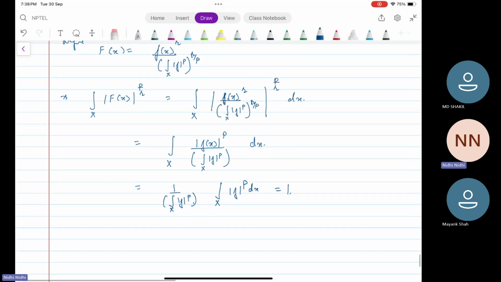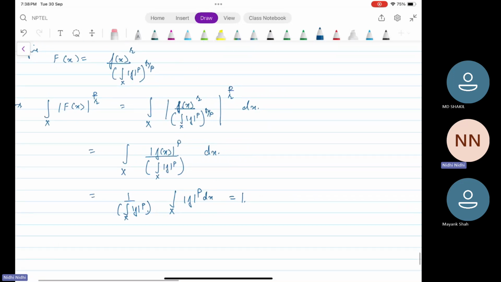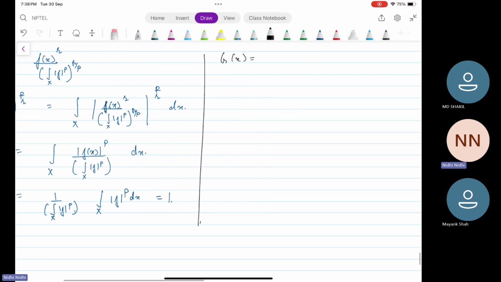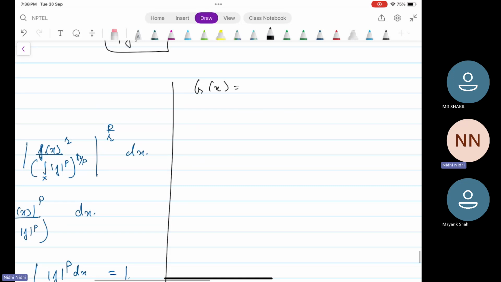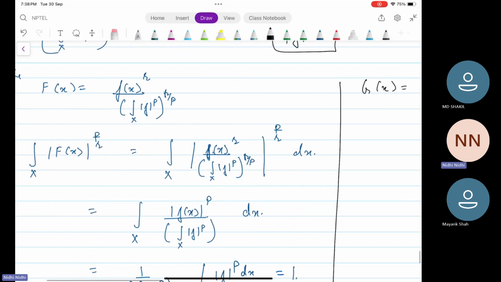Similarly, I define capital G(x). This is small g(x) to the power r upon (the integral over X of |g|^q) to the power r/q.